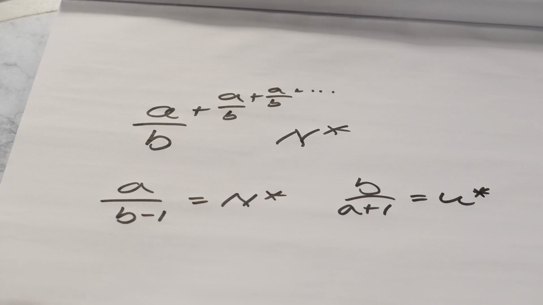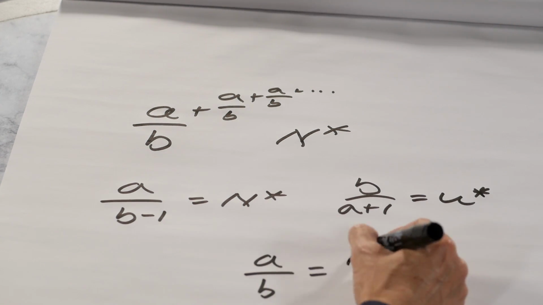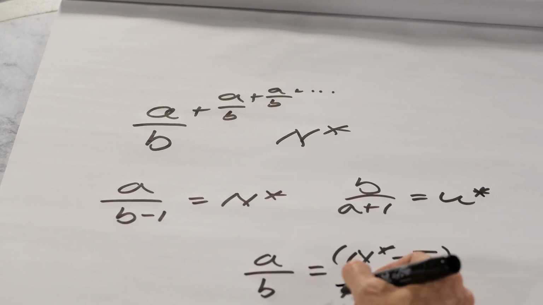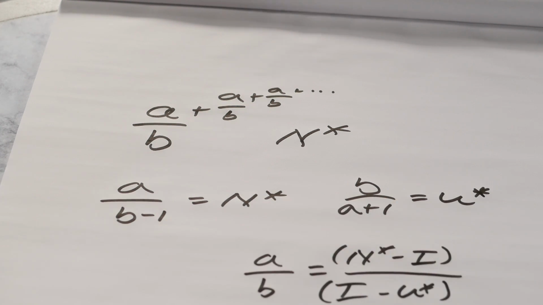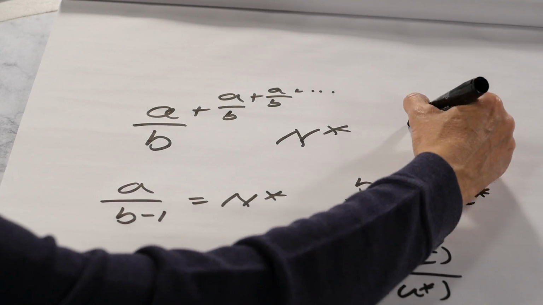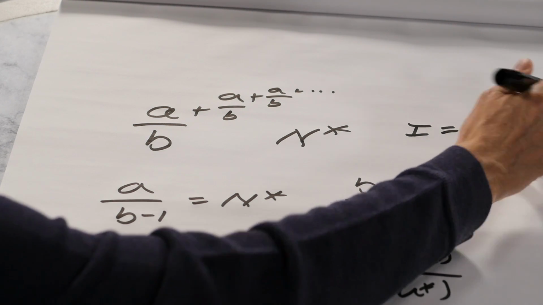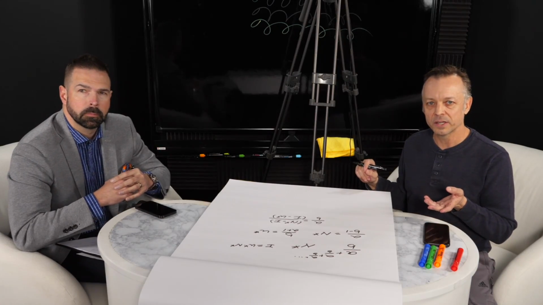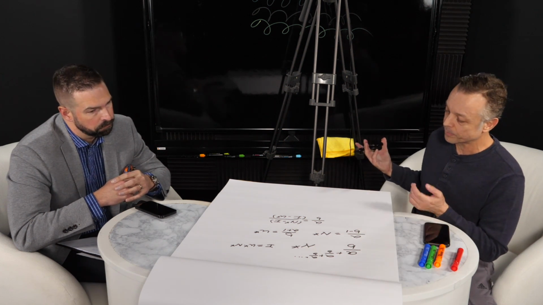What's peculiar is this, and then what we end up with is this equation where for all A and B, N star minus I over I minus U star is always the case. And before I forget, I is basically U star times N star. And it acts in the same way as 1 does if U and N were reciprocals. Hence the identity constant.